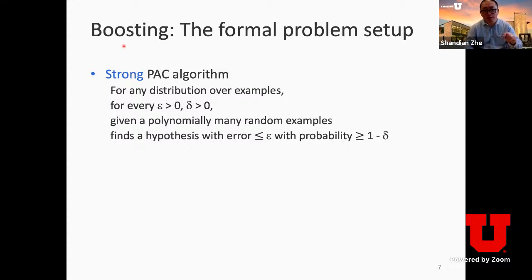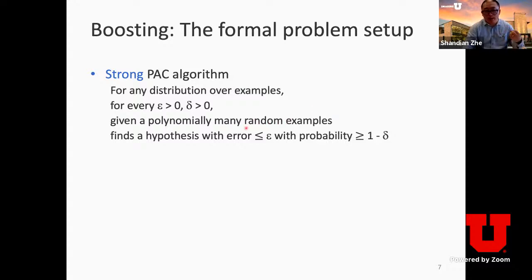We say that if an algorithm can PAC learn a family of target functions or concepts, we call this algorithm really good, because it's a strong requirement. We require that for any distribution over the instance space, for any designated error level and confidence level, we only need polynomially many random training examples sampled from the data distribution.